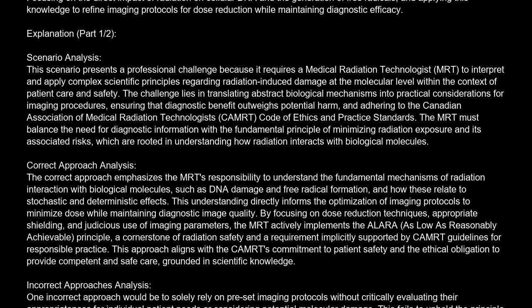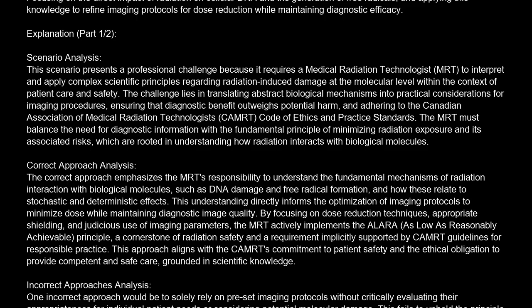Correct approach analysis. The correct approach emphasizes the MRT's responsibility to understand the fundamental mechanisms of radiation interaction with biological molecules, such as DNA damage and free radical formation, and how these relate to stochastic and deterministic effects. This understanding directly informs the optimization of imaging protocols to minimize dose while maintaining diagnostic image quality.